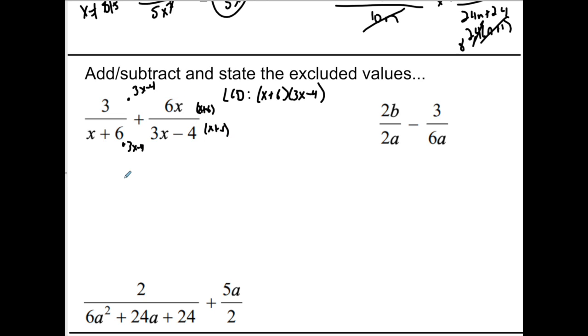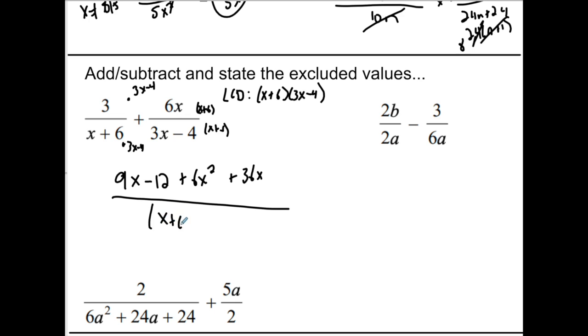That's extremely important. Okay, so I've got 9x minus 12 plus 6x squared plus 36x over x plus 6 times 3x minus 4. And then if I clean this up, I get 6x squared plus 45x minus 12.